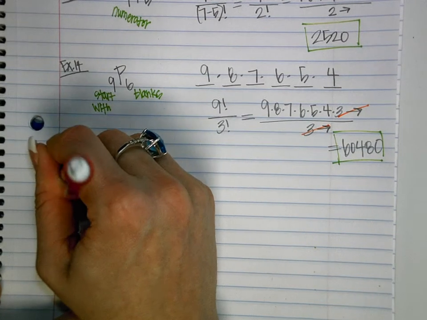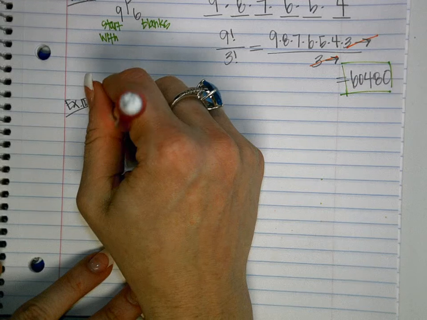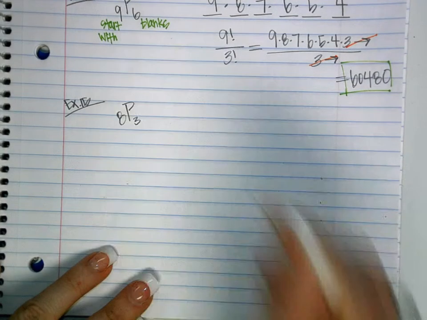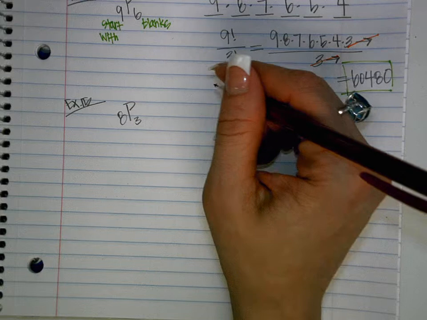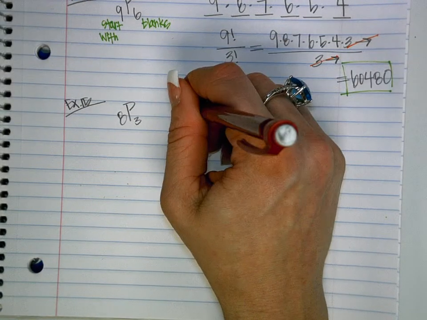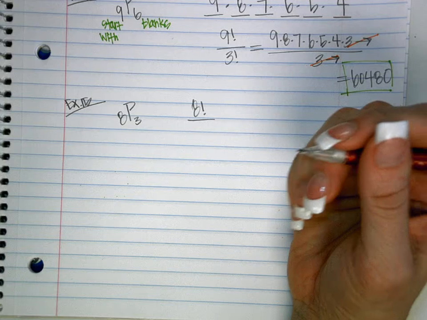Okay, almost done. Number 15. I want you to find 8P3, 8 permutation 3. So we're just practicing how we do these permutations. So 8P3 means you could do 8 factorial divided by 3 factorial.